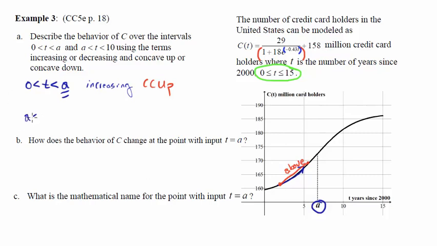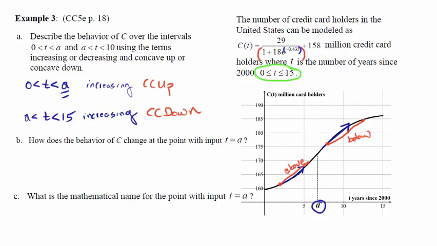So from A to 15, if I move left to right, I'm going uphill, so this is increasing. And then if I take 2 points in this interval and I connect them, that line is below my curve. So this is going to be concave down.